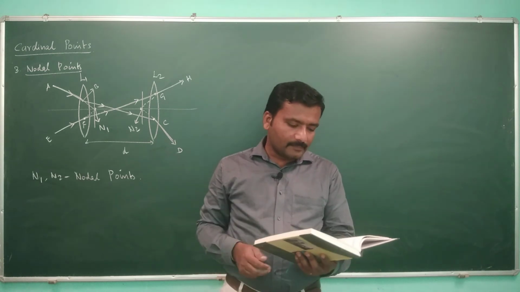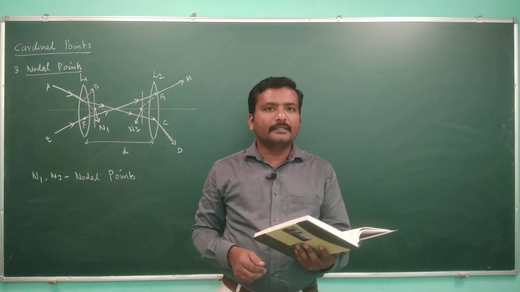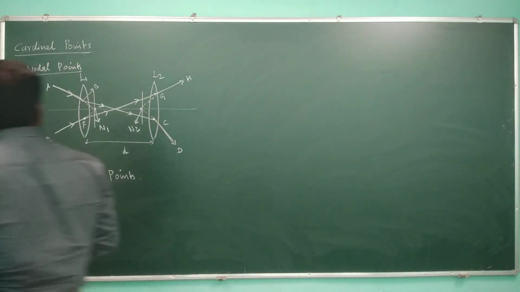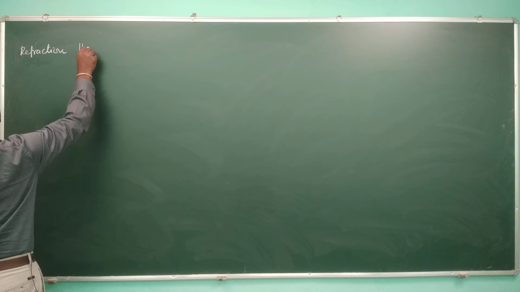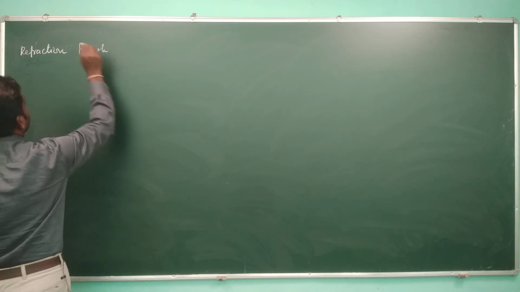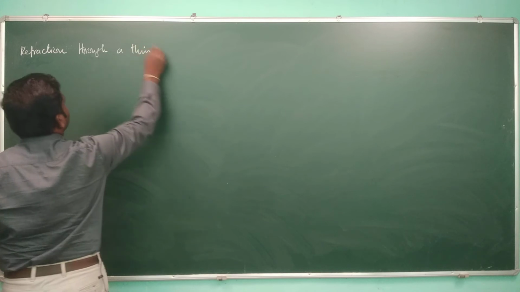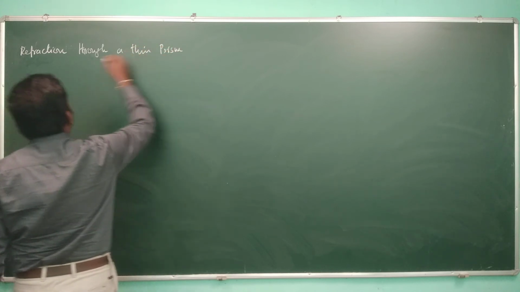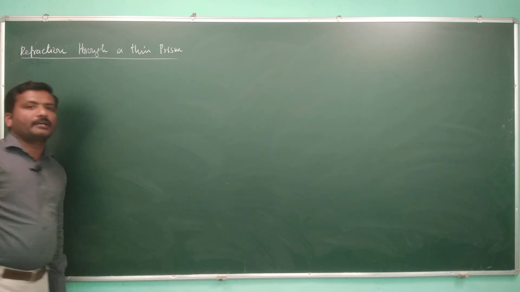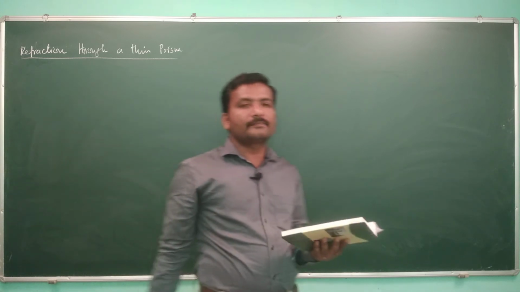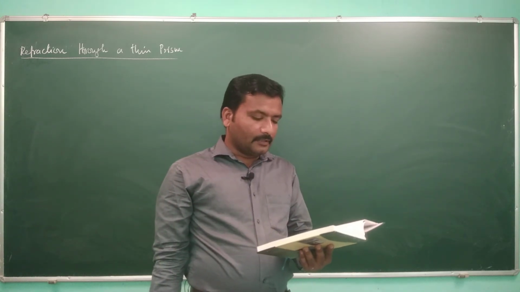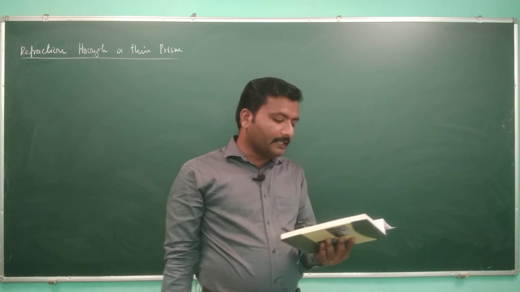And the next topic is refraction through a thin prism. A prism is said to be a thin prism when its refracting angle is of the order of 10 degrees or smaller.